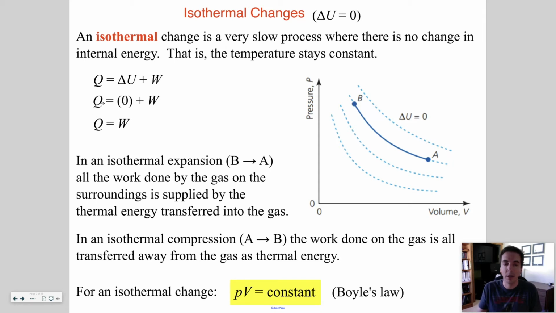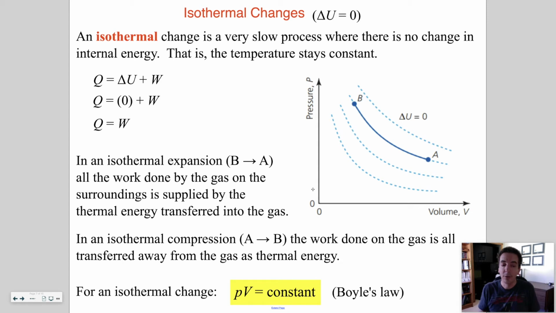Therefore, the increase or decrease of thermal energy is equal to the work done on or by the surroundings. It depends which way you're going. So this is an isothermal expansion, going from B to A, because the volume is increasing. All the work done by the gas on the surroundings is supplied by the internal thermal energy transferred into the gas.